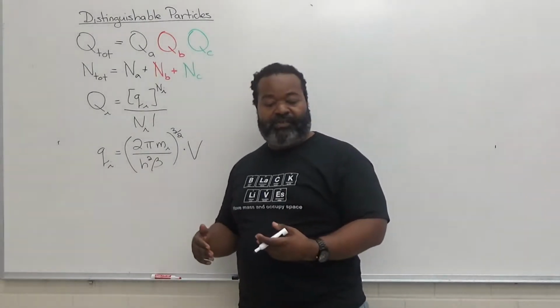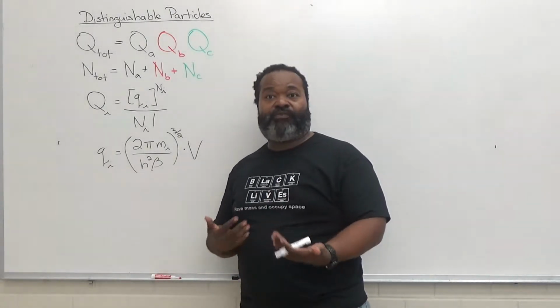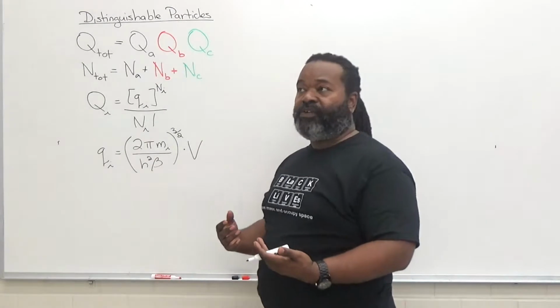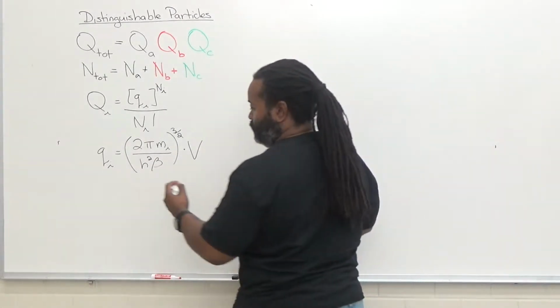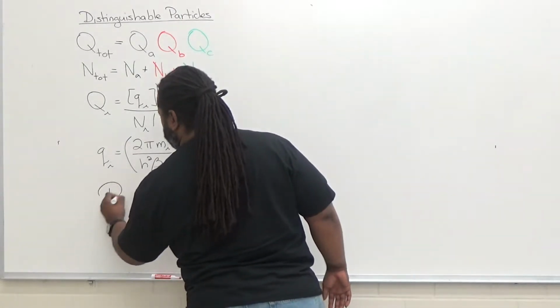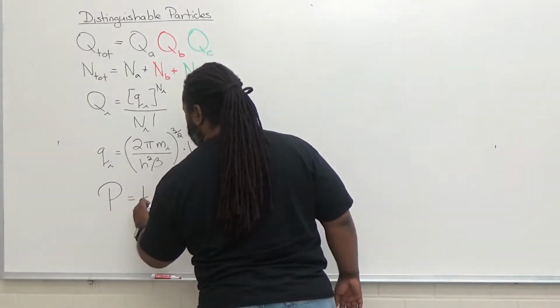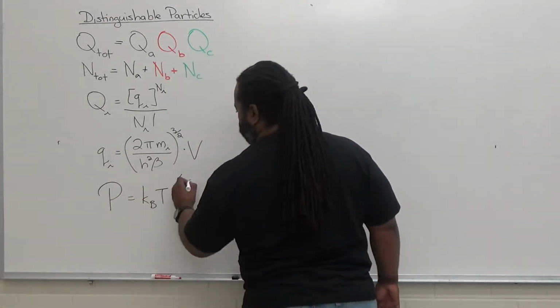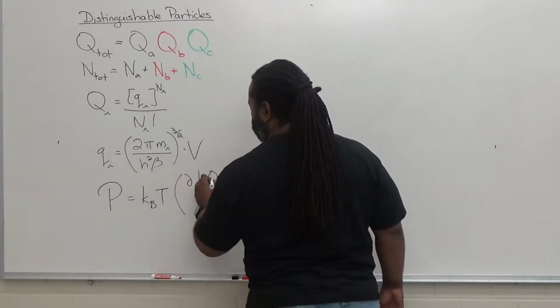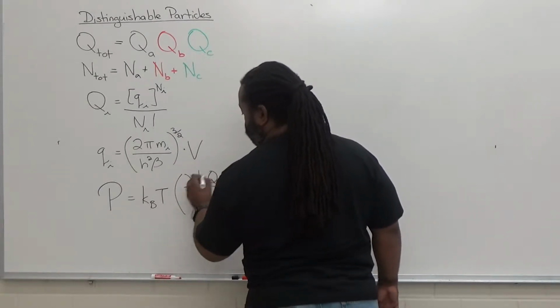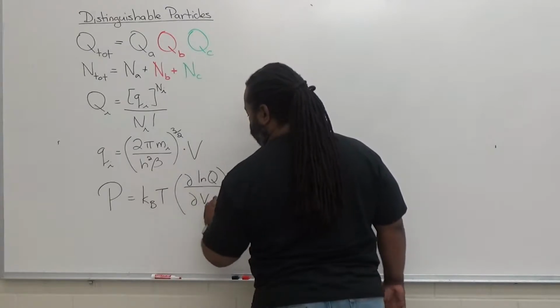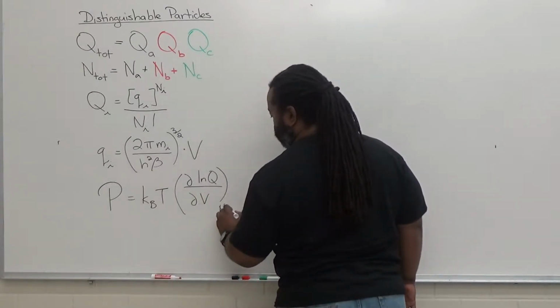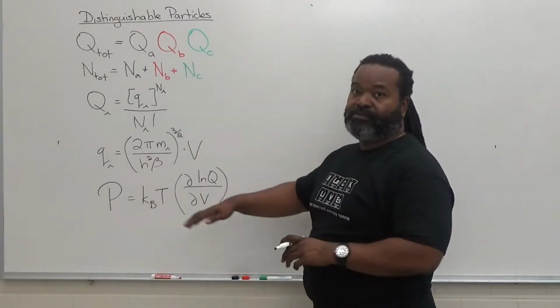And so the only thing left to do then is write out what that formula would be to find the pressure. So if we want the pressure, we take our factor kT and multiply by the partial derivative of ln q with respect to volume, while holding number of particles and temperature constant.